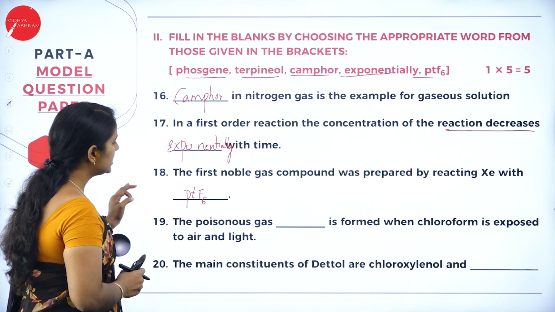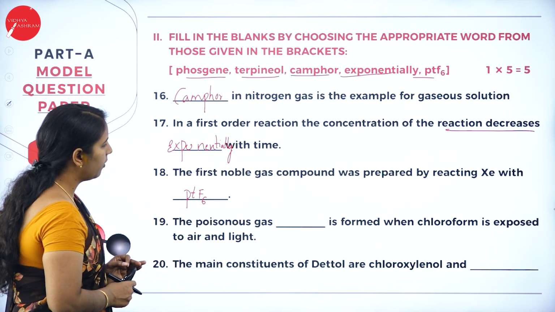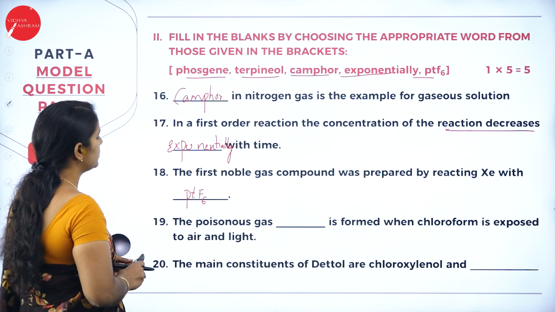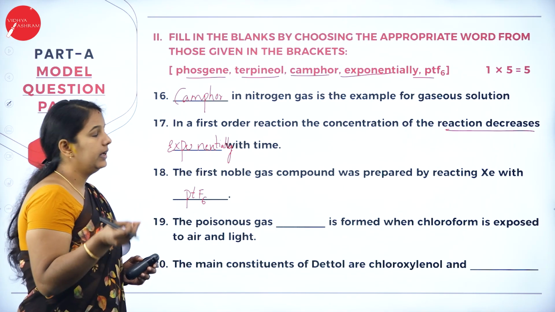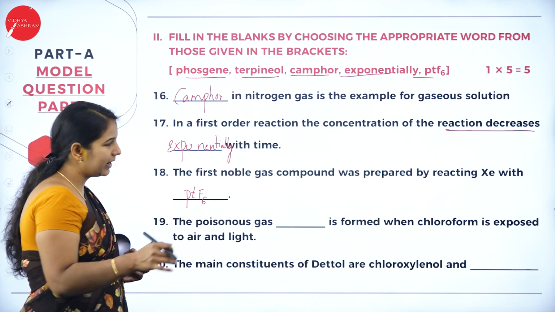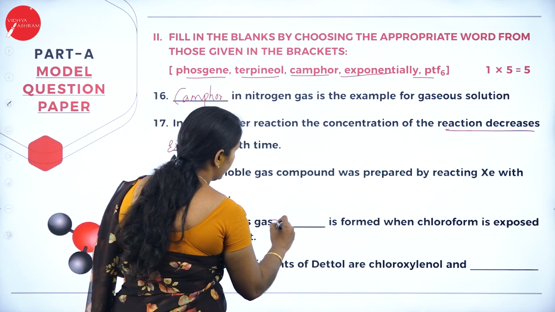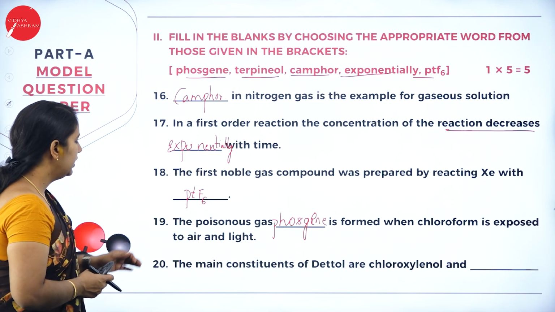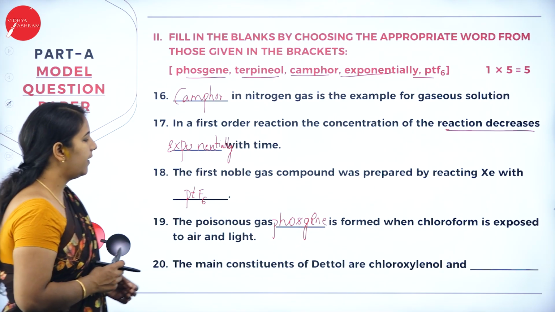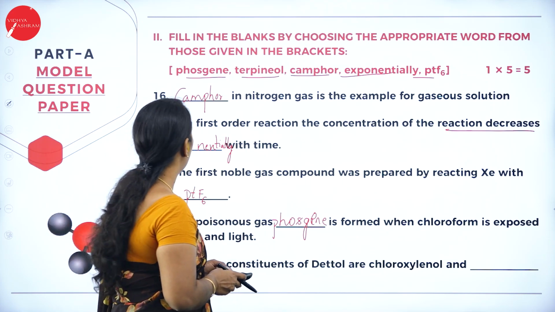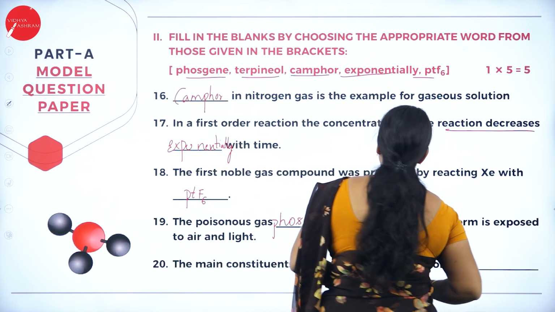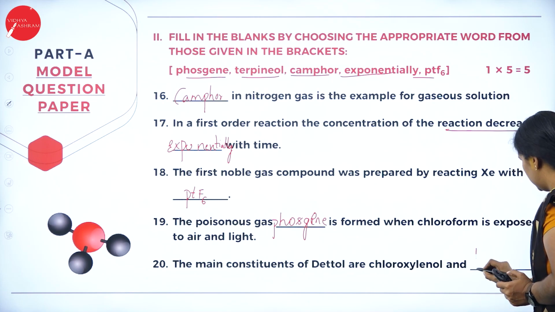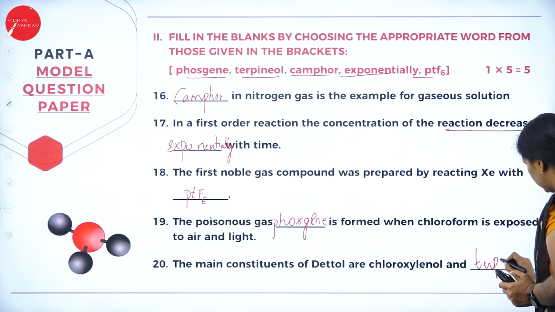Then the poisonous gas dash is formed when chloroform is exposed to air and light. This is a question from the p-block and the poisonous gas is phosgene. Correct? Okay. The main constituents of Dettol are chloroxylenol and terpineol.